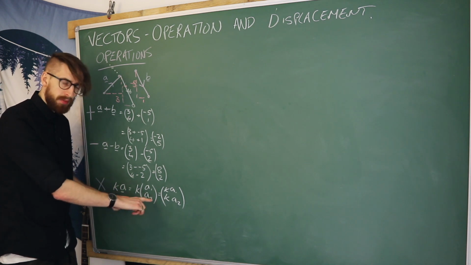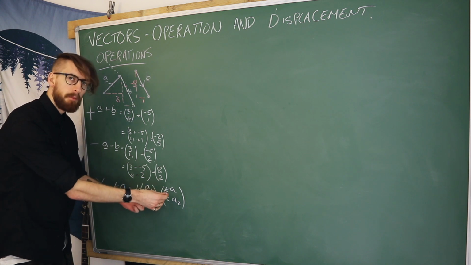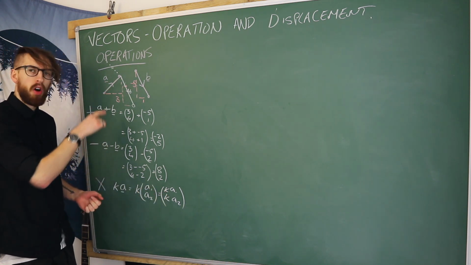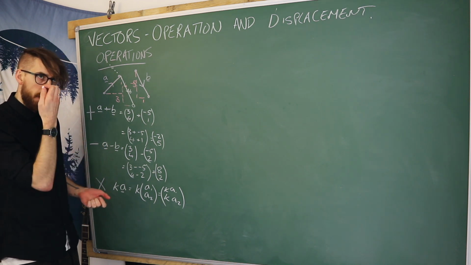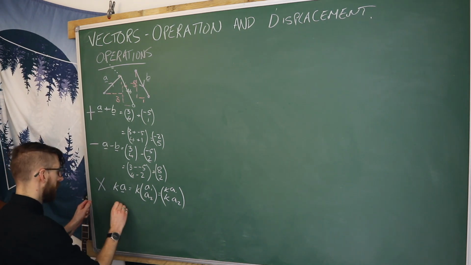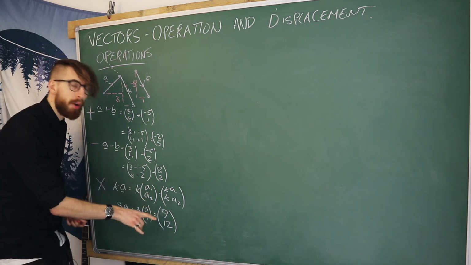So it becomes k times this vector, which multiplies each component of the vector. So if we go back to our original one, let's say k was 3, okay? So the end product is 9, 12.